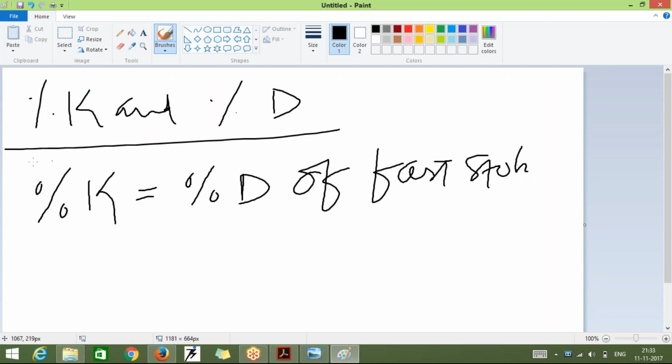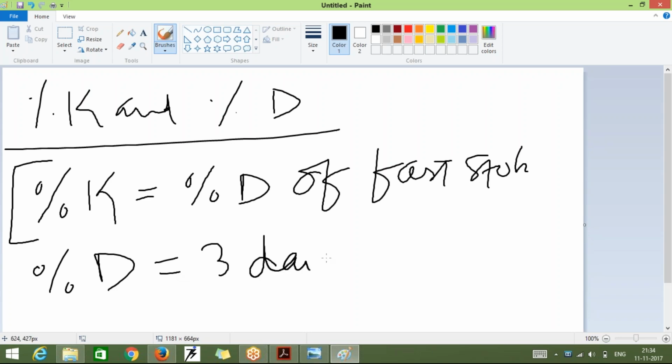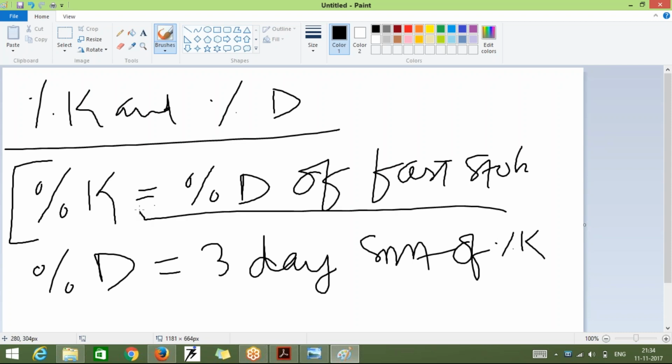So from the first step itself you can know that it's already smoothed, because we know percentage D was already smoothened in the case of fast stochastics, and we are taking percentage D as percentage K in slow stochastics. Now percentage D is similarly the 3-day SMA of percentage K, meaning this one, not the fast one.